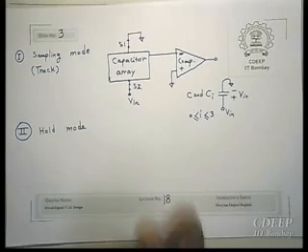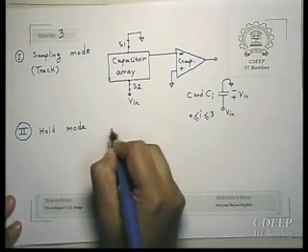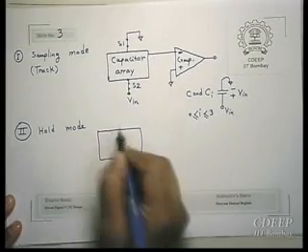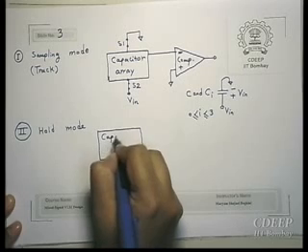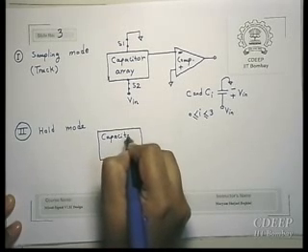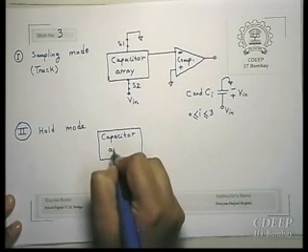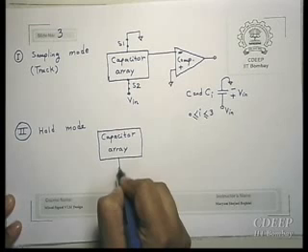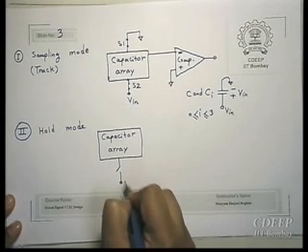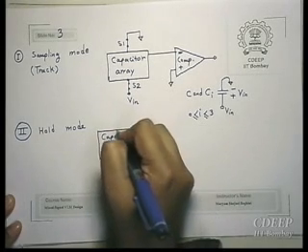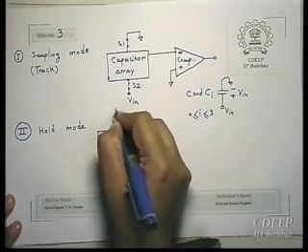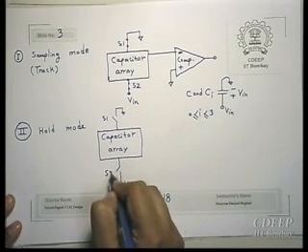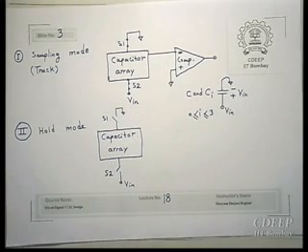Therefore, in hold mode all switches are open. So that means you have this capacitor array. So now it's open. It's hold mode, right? So nothing is connected. Switches are open. It's just holding the input voltage on the capacitor. That's it.